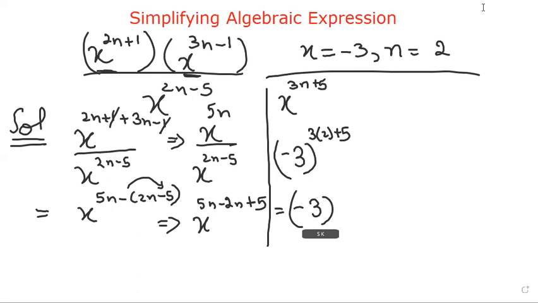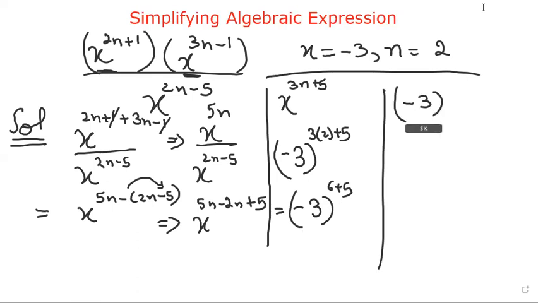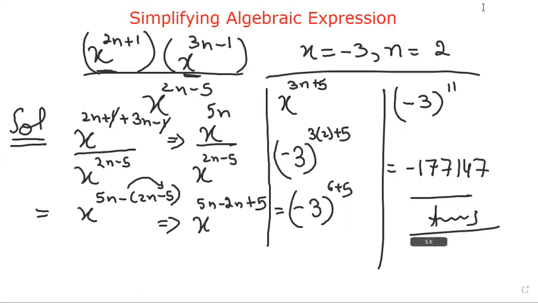It's 6, plus 5, so -3 to the power 11. Since it's a bigger number, I use the calculator: -3 times -3 times -3, until the 11th power. The answer is -177,147. That is my answer. This is the first form.